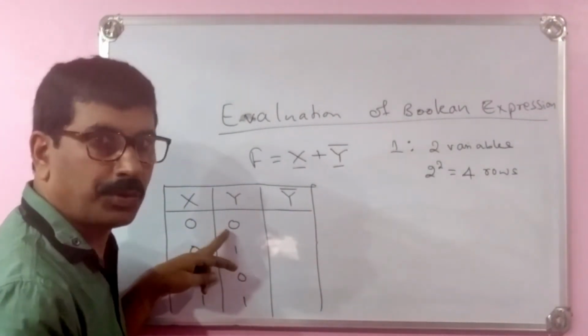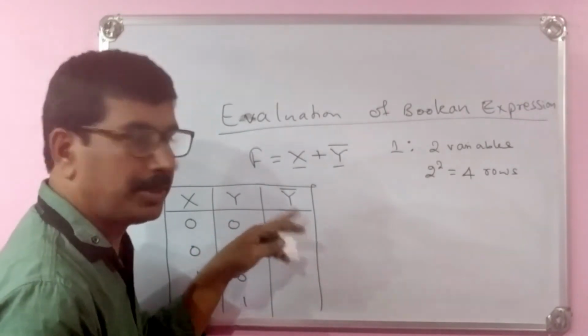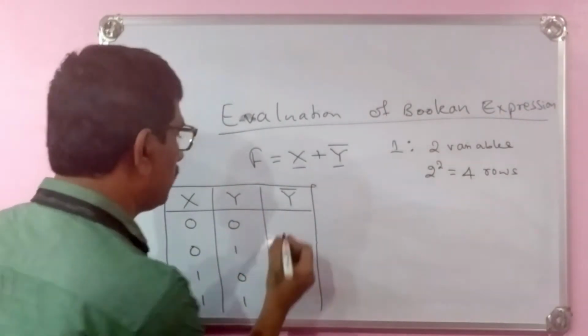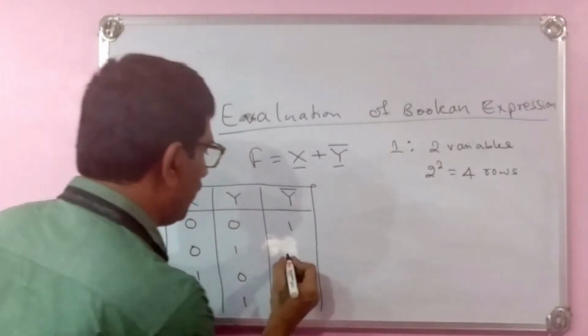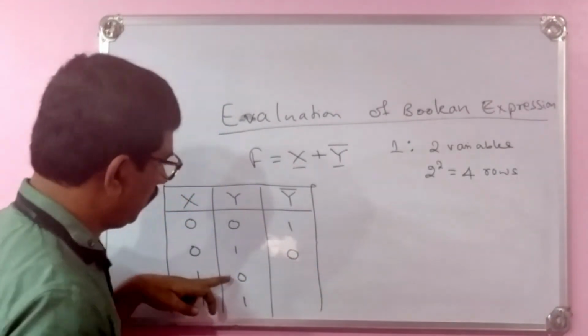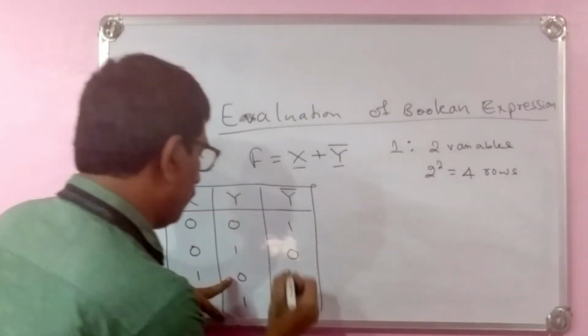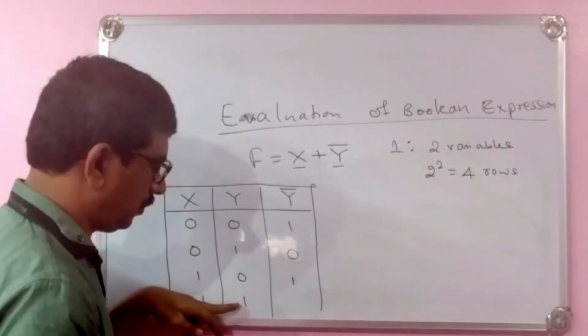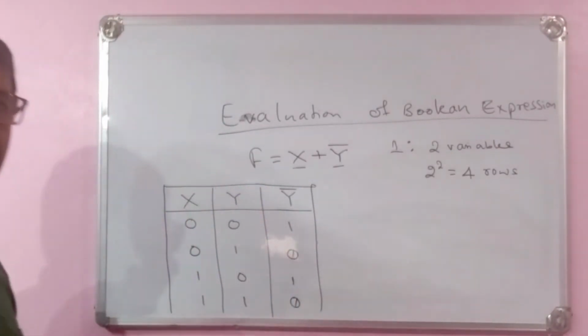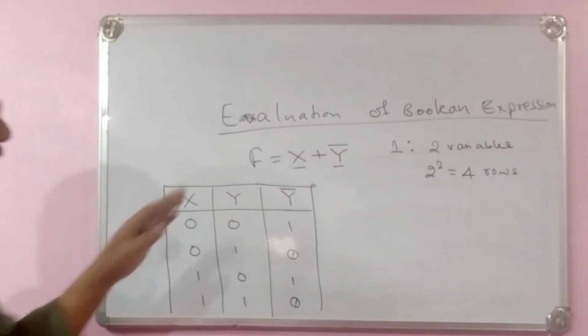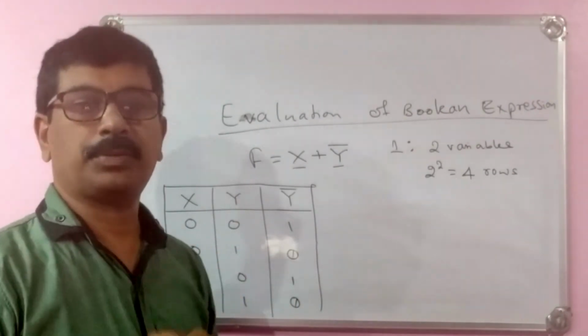Y is 0 here, so y bar is 1; y is 1, so y bar is 0; y is 0, so the complement is 1; y is 1, and the complement is 0. Step 3 is over.